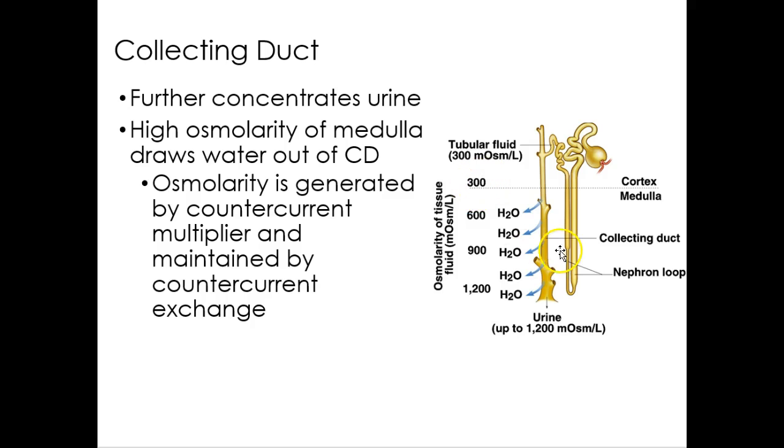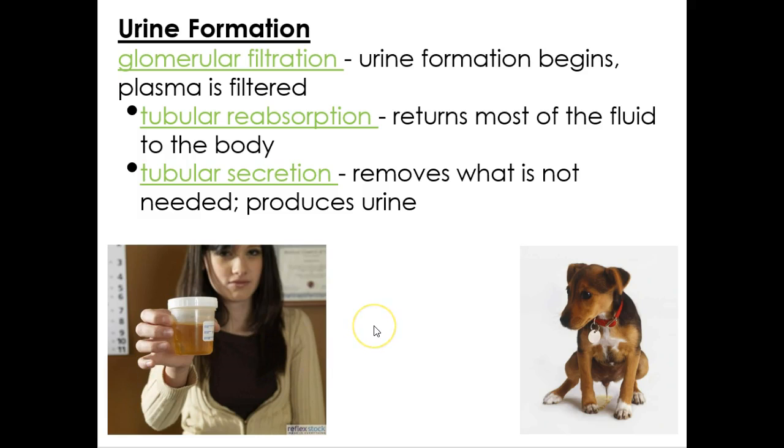There's not a lot up here, but as we get closer to our loop of Henle, you can see the salt concentration is pretty high. When the salt concentration is high, osmolarity is high too, and that's what helps suck a lot of this water out and dumps it back into our bloodstream. So that's the big story, and the rest we'll talk about in class.